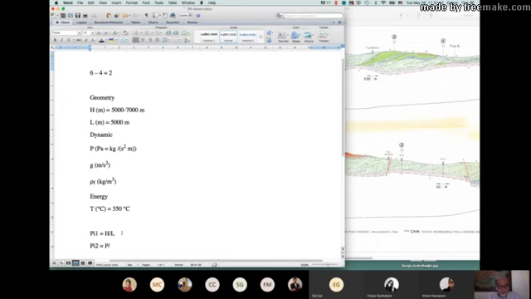If I put pressure on top, then I have kilograms divided by second squared times meter. So if I want to put pressure on top, I need to have some other parameter that has a kilogram in it, and this is density. So I need to put density at the bottom.